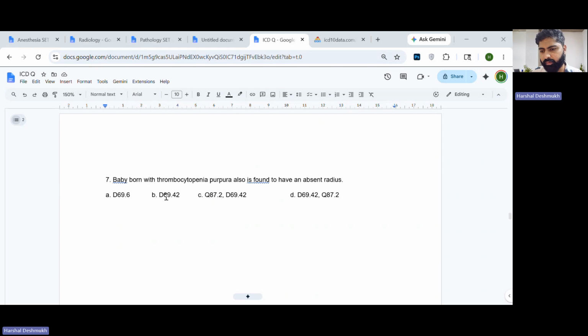A baby born with thrombocytopenia purpura also is found to have absent radius.